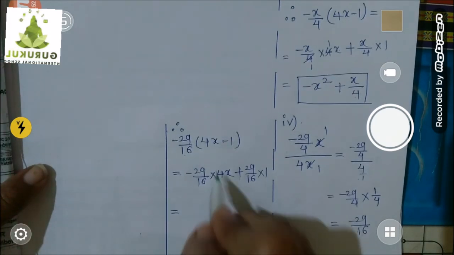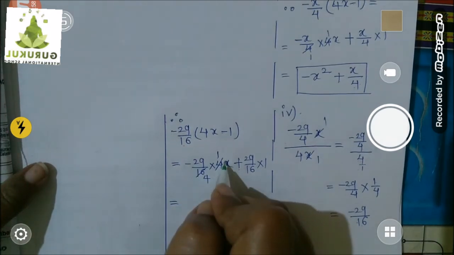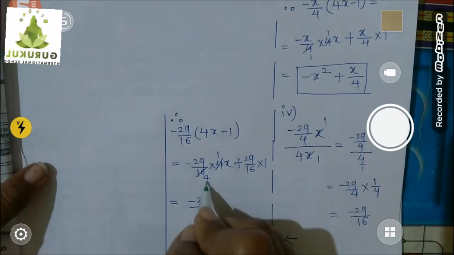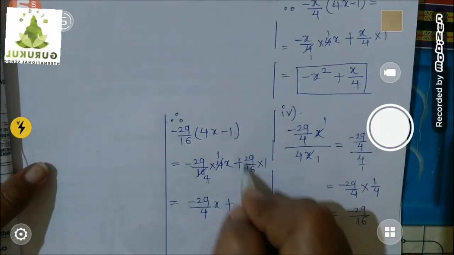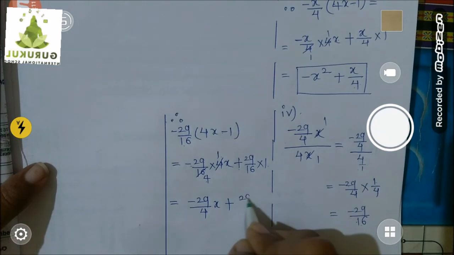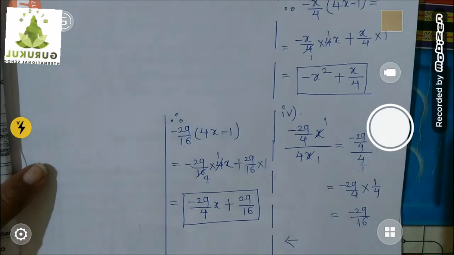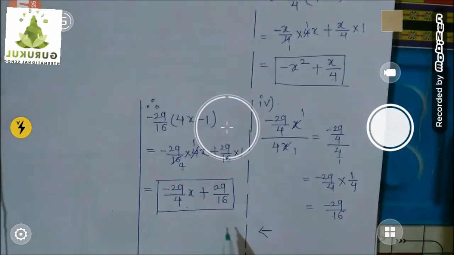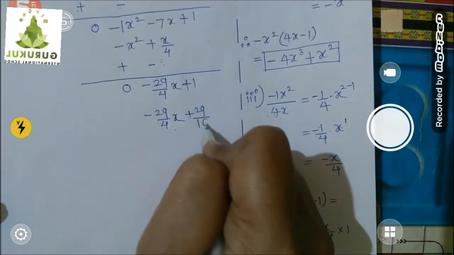Now let's divide it. 4 ones are 4, 4 fours are 16. So what is left? On the upper side, minus 29 ones are minus 29 upon lower 4, and this x; plus this is 29 upon 16 ones are 29 upon 16. Now this I will write below the like terms. So this part I will write below, minus 29 upon 4x, and this part, plus 29 upon 16, I will write below the constant number.